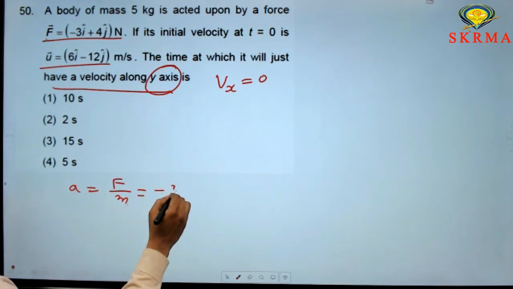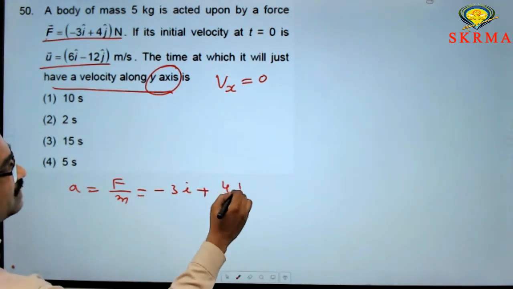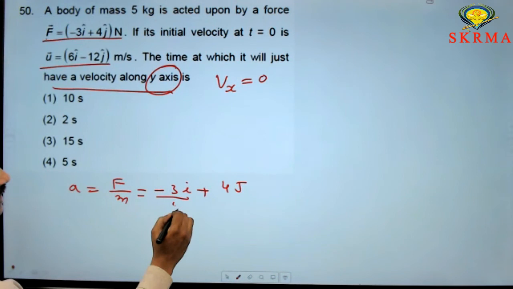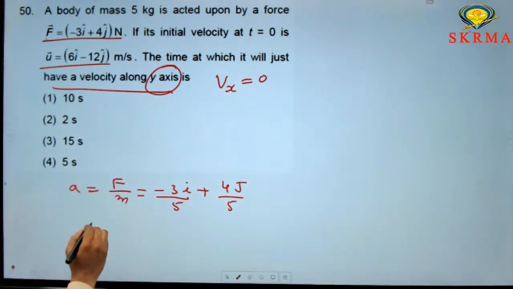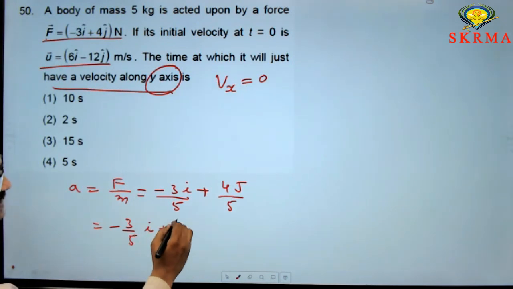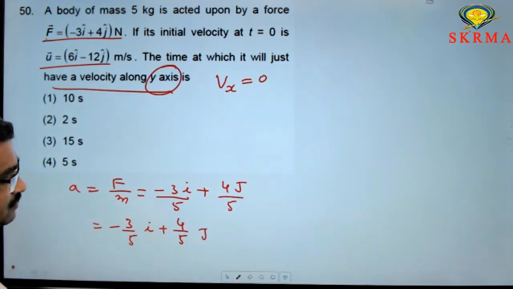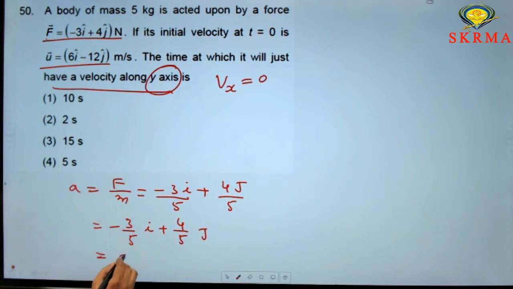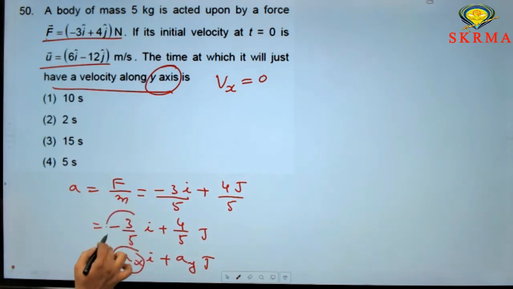That equals minus 3i plus 4j by mass 5 kg, so acceleration equals minus 3 by 5 into i plus 4 by 5 into j. This is Ax into i plus Ay into j. So Ax is minus 3 by 5.